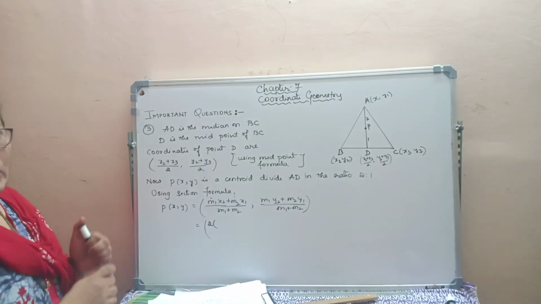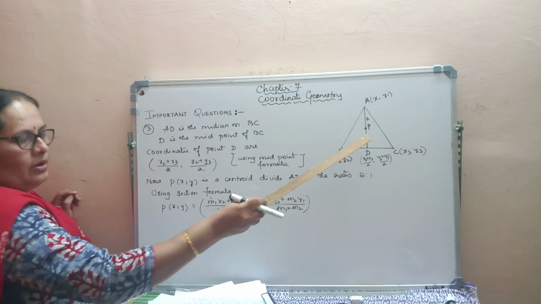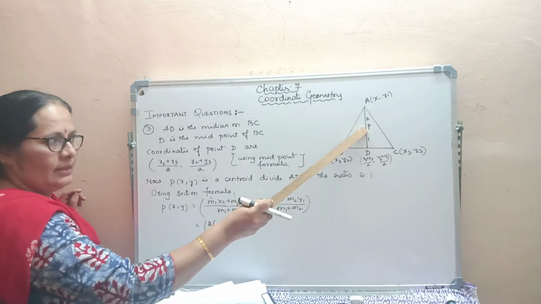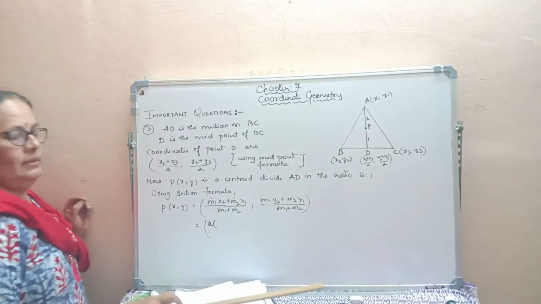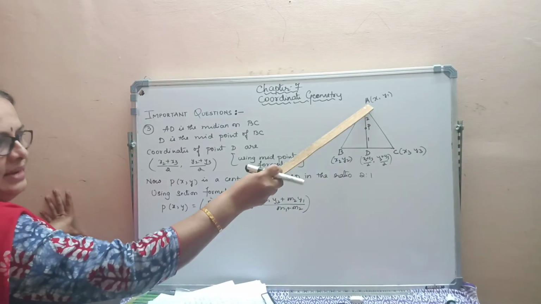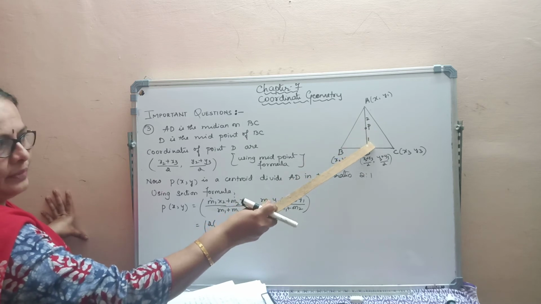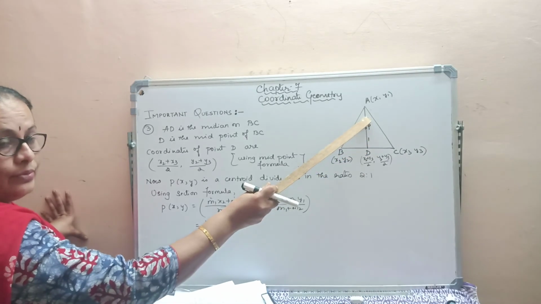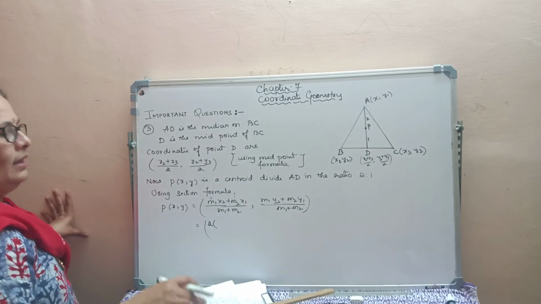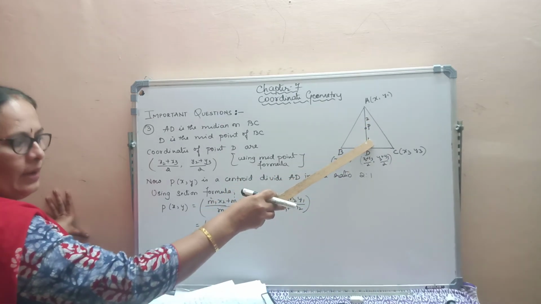Now we need to find the coordinates of the centroid, that is point P. Here we are applying the section formula. The median divides in the ratio 2:1, so m1 is 2, m2 is 1.